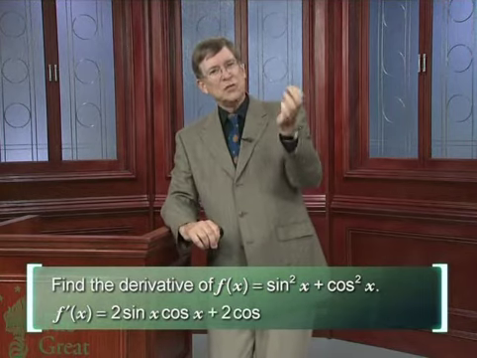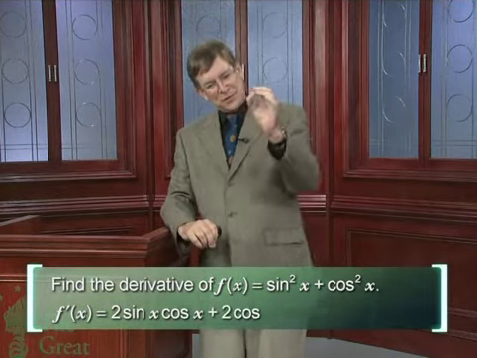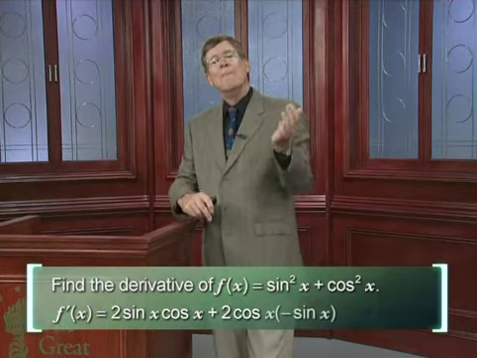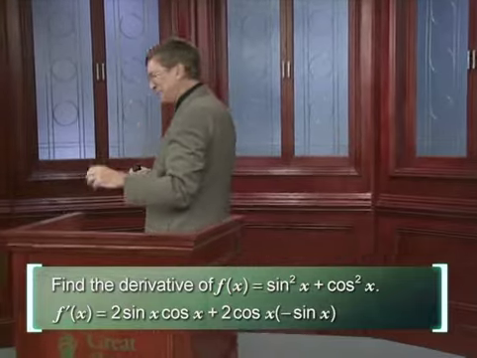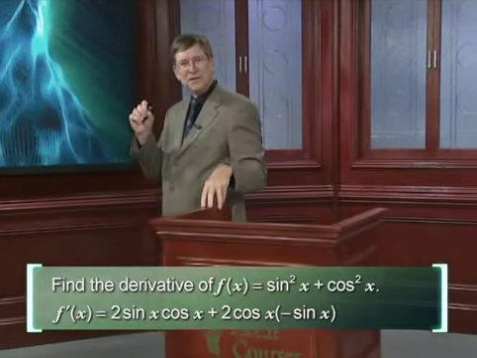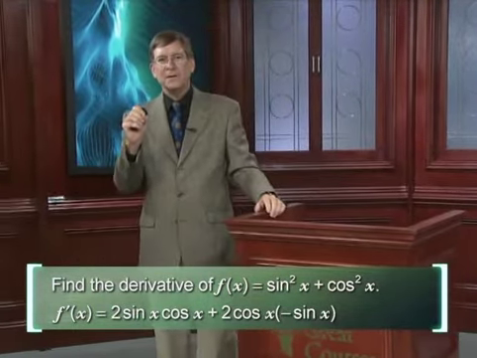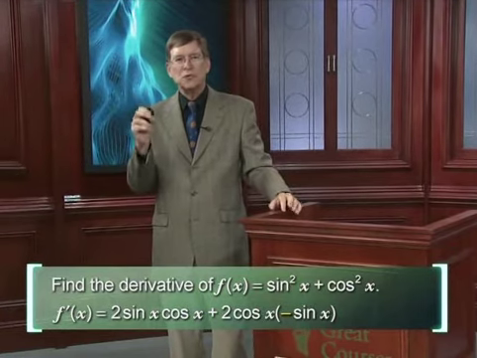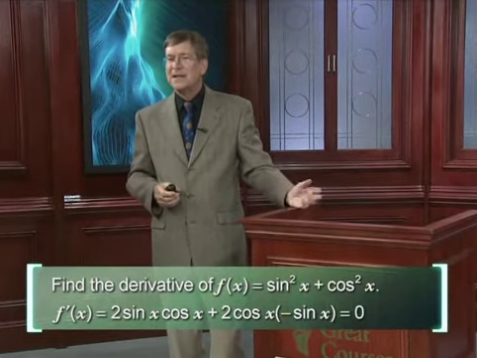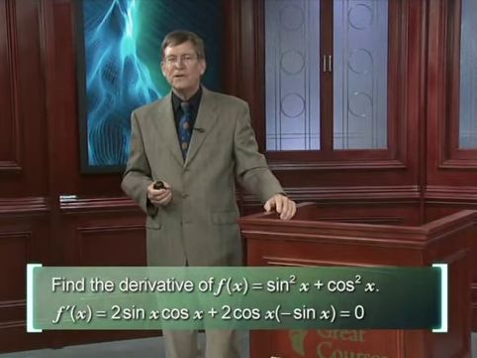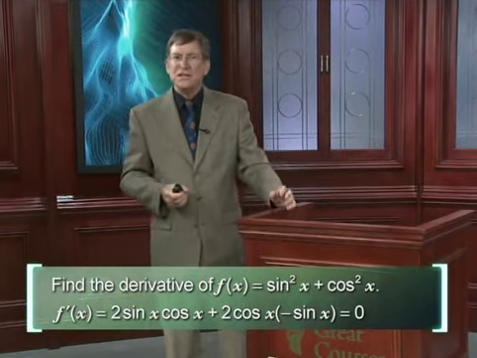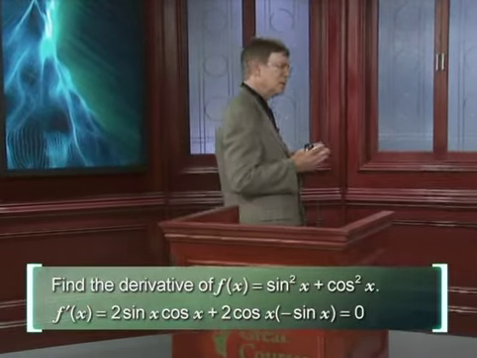Well, that would be 2 times cosine times the derivative of cosine, which is minus the sine. So look at our answer. The derivative is 2 sine cosine minus 2 cosine sine. That equals 0. Wowee. The derivative of my original function is 0.